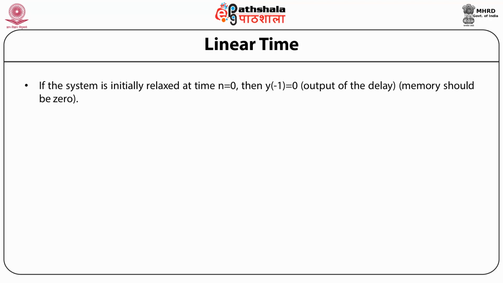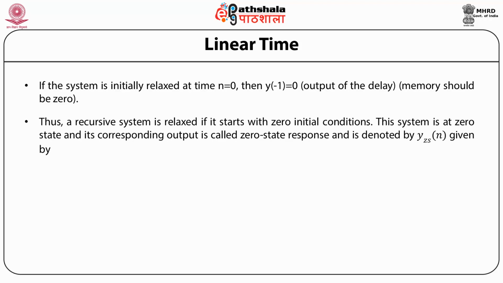If the system is initially relaxed at time n equal to 0, then y(minus 1) is equal to 0. That is the output of the delay, so memory should be 0. Thus, a recursive system is relaxed if it starts with 0 initial conditions.